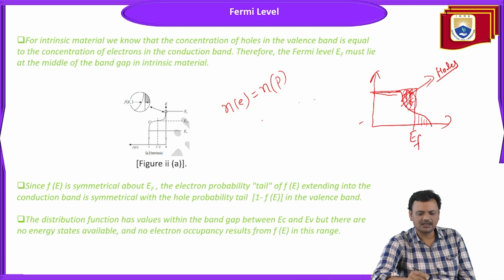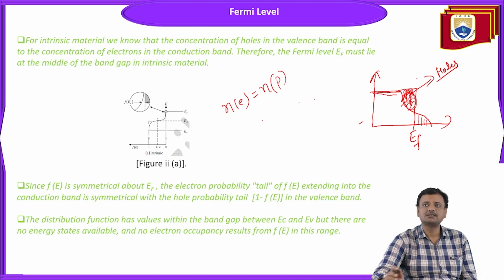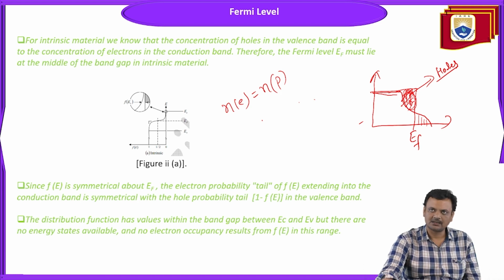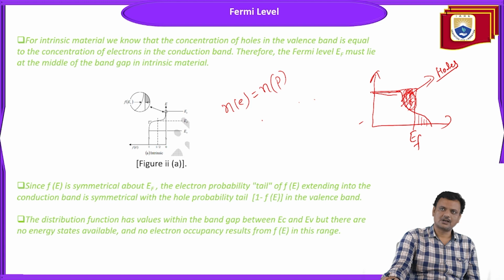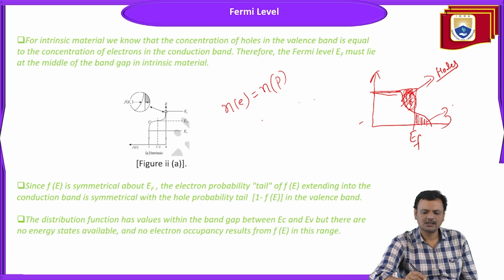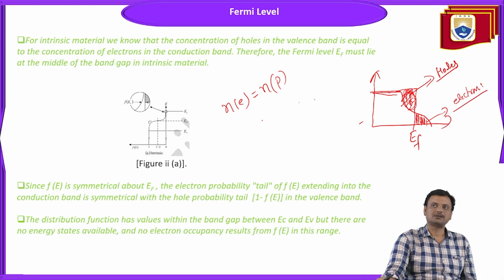So this area gives the chance for occurrence of holes, in other words the concentration of holes. And with the help of this area, you can calculate the concentration of available free electrons in the conduction band.